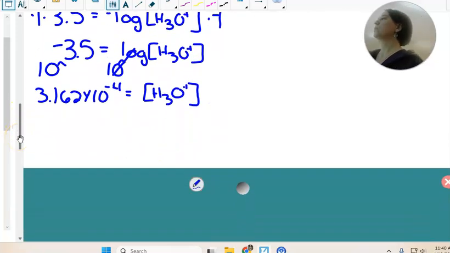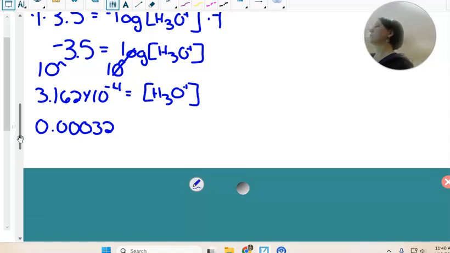So 10 to the negative fourth would be 0, and then moving it over 4, 1, 2, 3, 4, I'm going to have 3 zeros after the decimal point, and then going over to the 3, and then 0.16 turns into 3.2. So 0.00032 molar, and the unit for concentration is molar, equals our hydronium concentration.